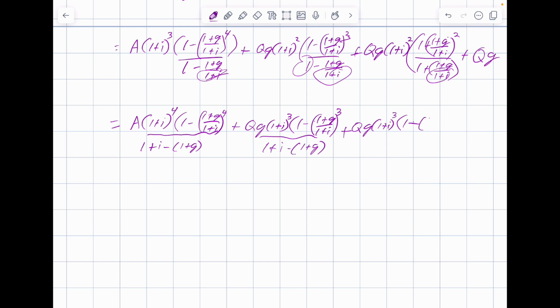This remaining term will remain the same. This is supposed to be a minus sign there. 1 plus I minus, and this is supposed to be a minus sign also, sorry, 1 plus g, and 1 plus I cancels out, plus this qg.